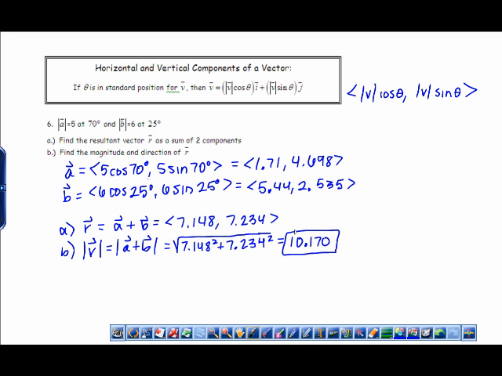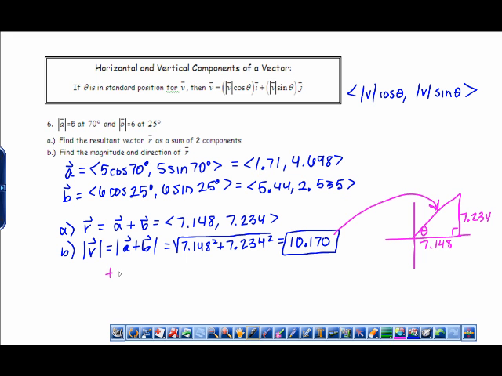It's also asking for direction. So if we think about the direction, I already said we were in the first quadrant, which you knew we had to be in because both the horizontal and vertical components are positive. So we already found this 10.170, that was the hypotenuse. What we're finding now is this theta. And it's nice because we're in quadrant 1. We don't have to worry about subtracting from 180 or any of that business.